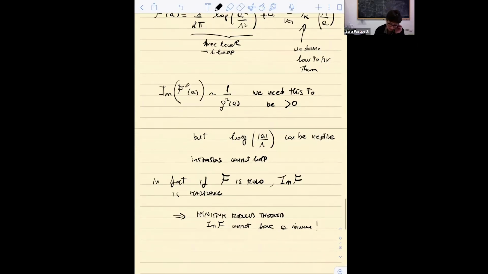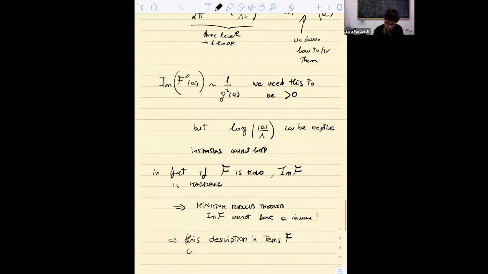So the only way out is that this description in terms of f that we constructed cannot be valid globally. Okay.